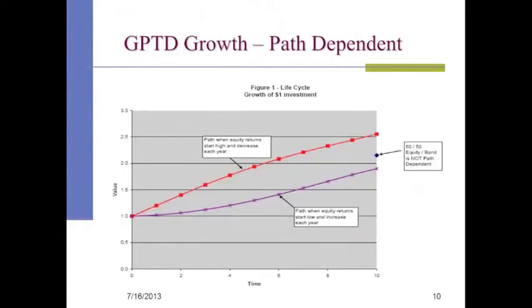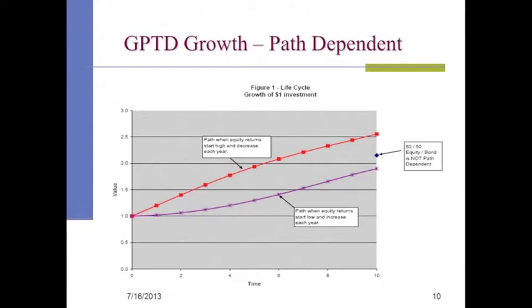So what would it look like if you were going in one of these markets or the other with this glide path? If you started into a market which was very good at the beginning and poor at the end, then you'd see your track would be that of the red path. Your $1 initially goes up to about $2.50 at the end of 10 years.